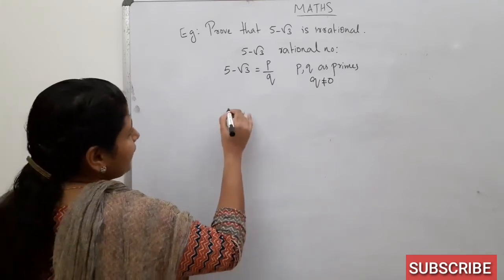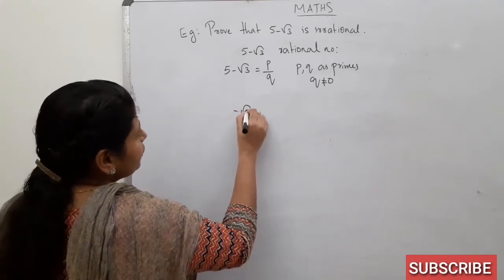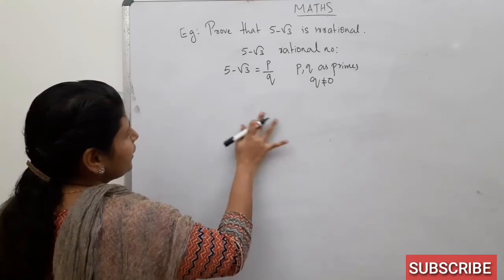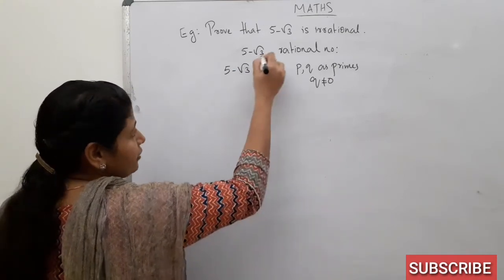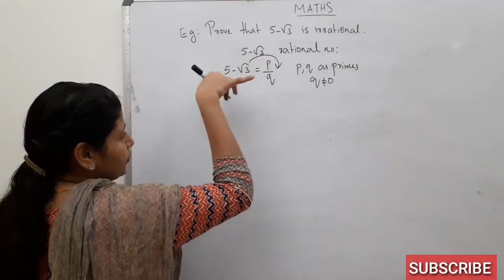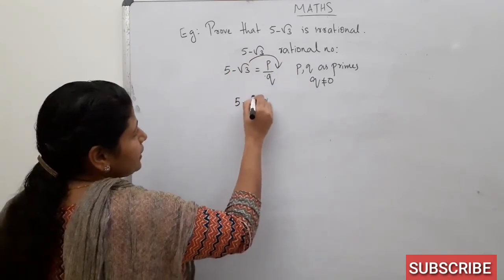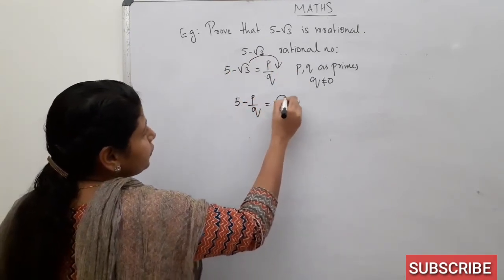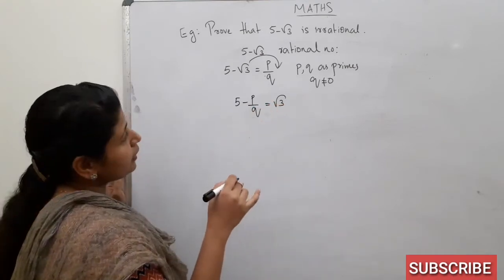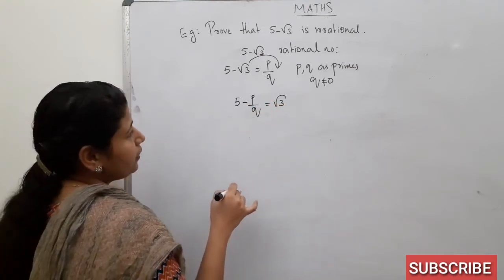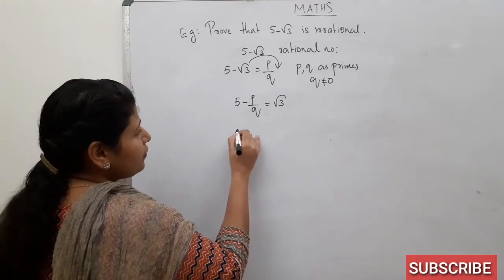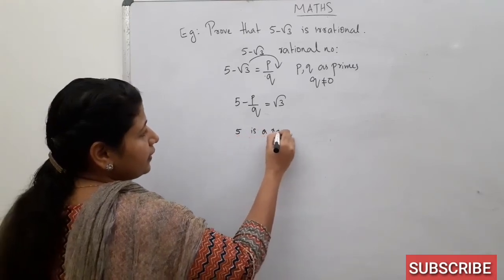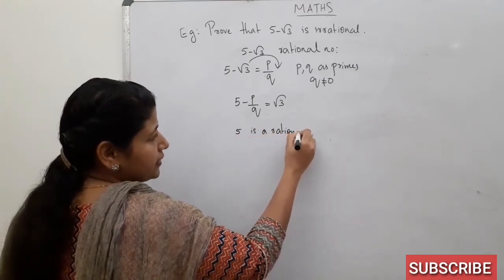So we will write it like this: we can take negative root 3 to this side and P by Q to the other side. So it will be 5 minus P by Q equal to root 3. And this 5 is a rational number. Am I right?